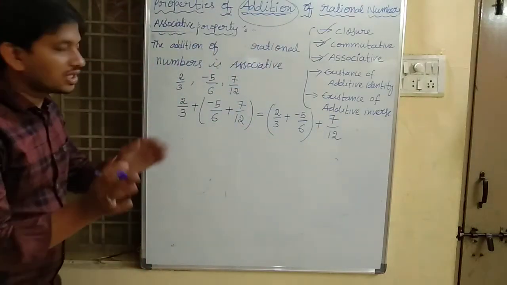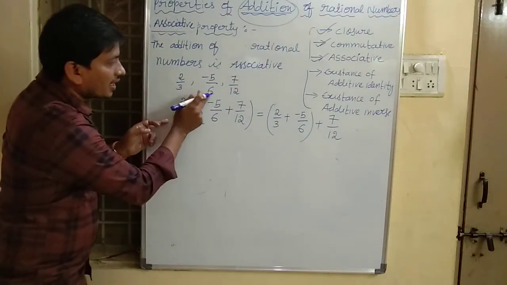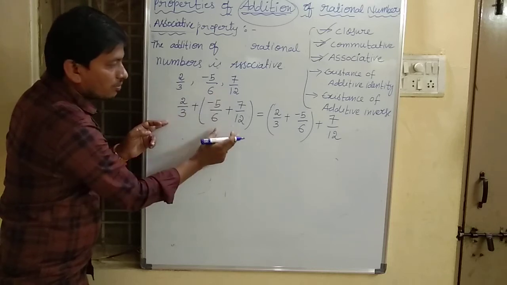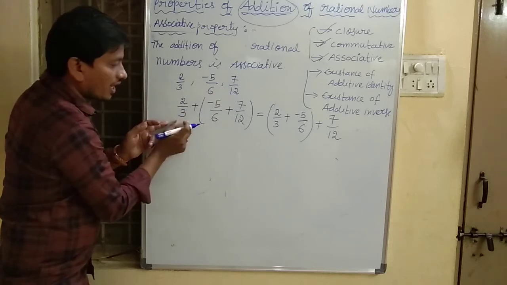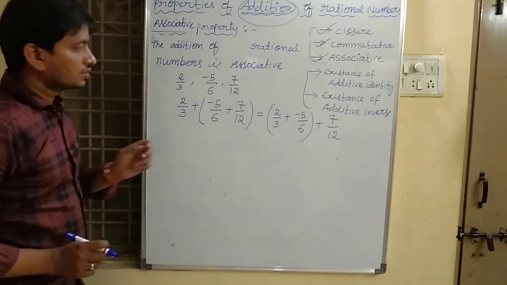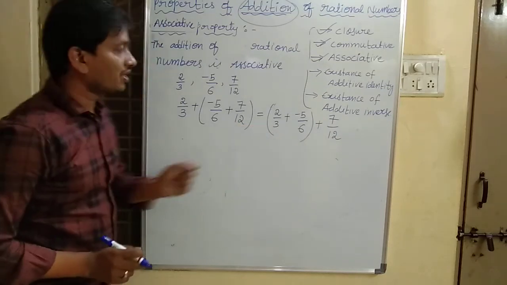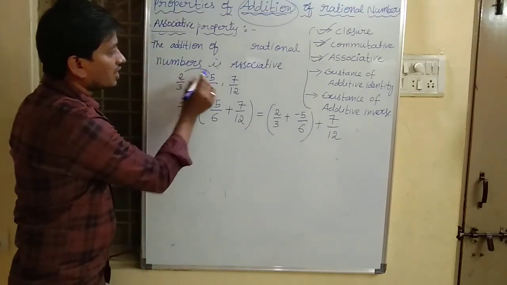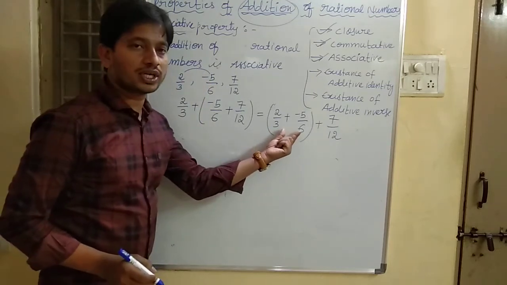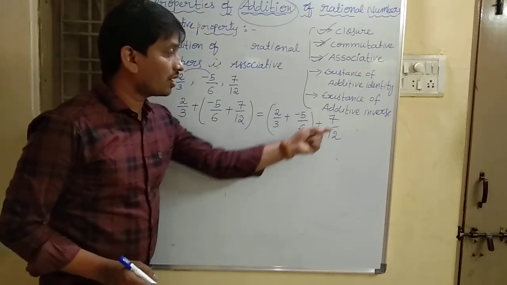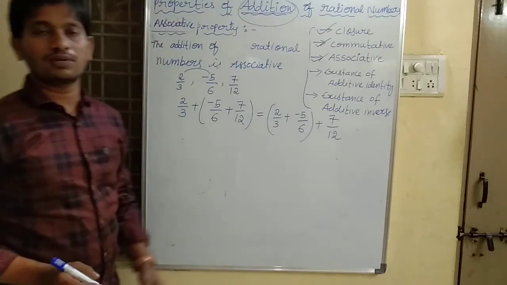So what I did, you see here? First of all, I added the second rational number and the third rational number. With that result, I have to add the first rational number. Whereas on the right-hand side, first I added the first and second rational numbers together. With that result, I will add the third rational number.